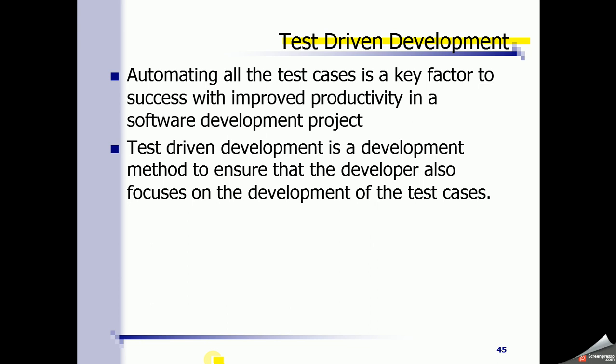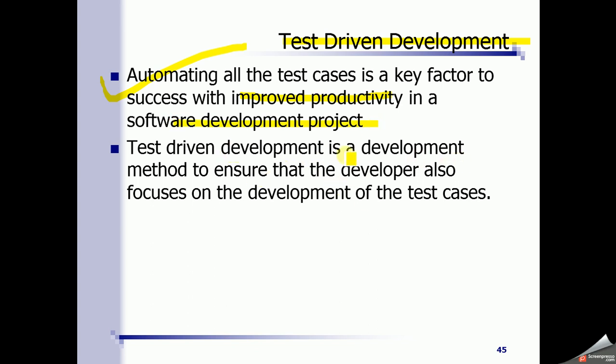So now you go back to the previous phases to fix those issues, and the cost of this whole process is huge. So the idea in all agile development approaches, and in extreme programming also, is to automate all the test cases, right? And it should improve the productivity in the software development project.